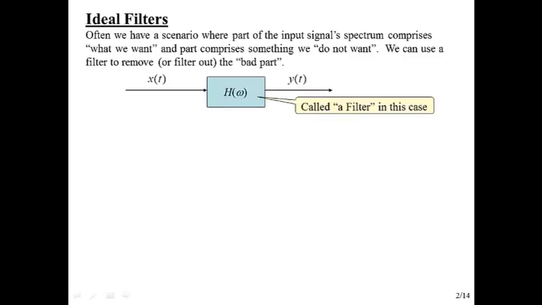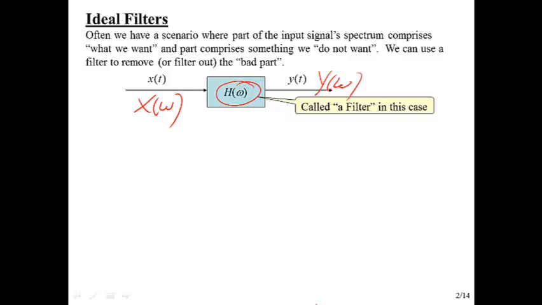So we've got our system, input signal x of t with Fourier transform X of omega, output signal y of t with Fourier transform Y of omega, and we know that Y of omega and X of omega are connected by the system's frequency response. And in this view, when we're trying to use the system to remove certain sections of frequencies, or at least seriously attenuate those, that's when we call it a filter.